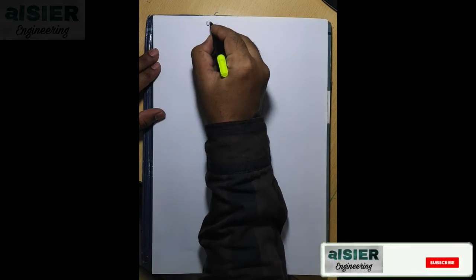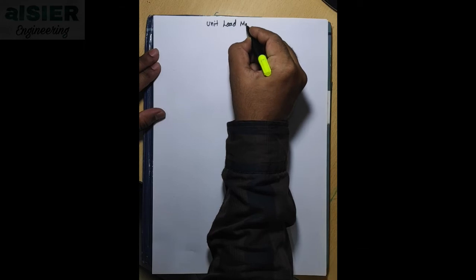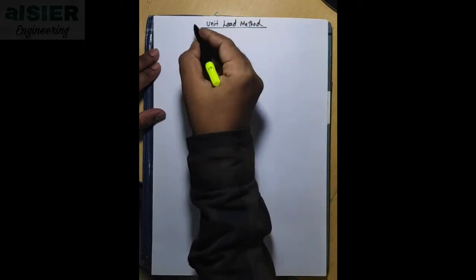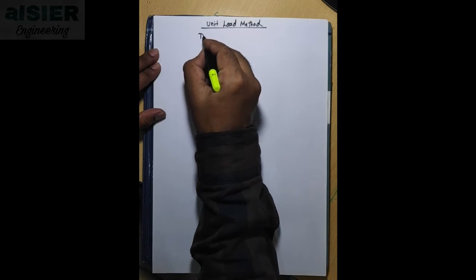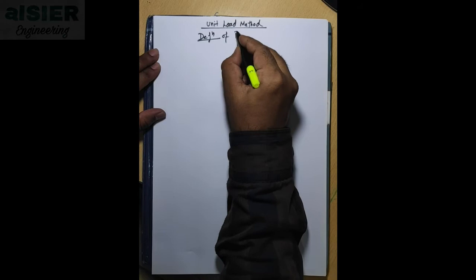In the last few videos we have seen the unit load method and its application to calculate deflection for beams and frames. In this video we are also going to see the unit load method, but now its application is to calculate deflection of pin jointed trusses.